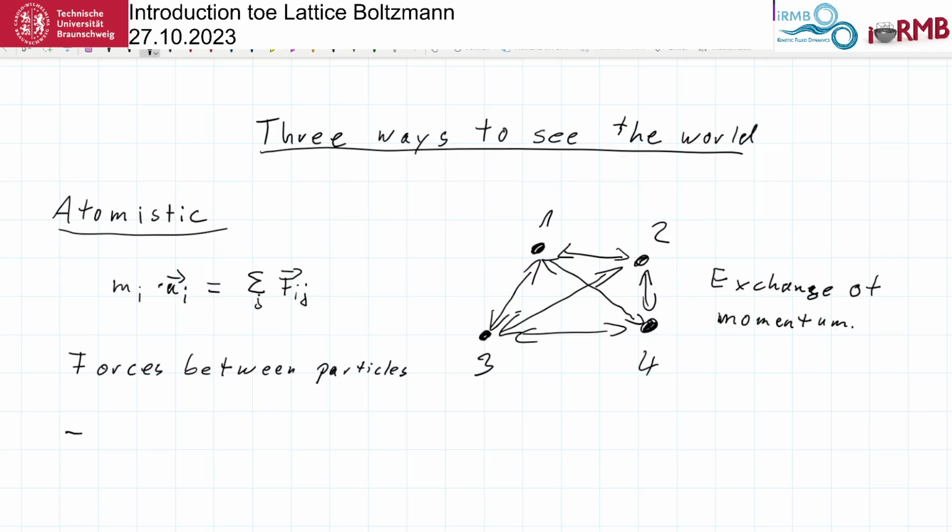What is important to notice here is that these particles are distinct. This is in particular important from a practical point of view. They are distinct and they follow, you could say, Newton's laws, which are pretty simple.